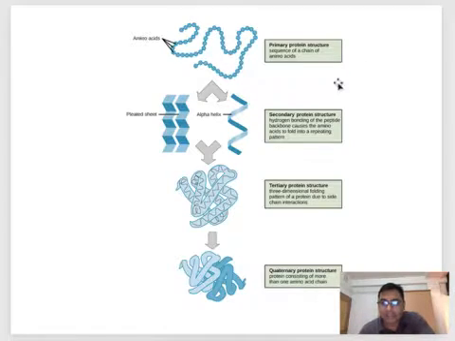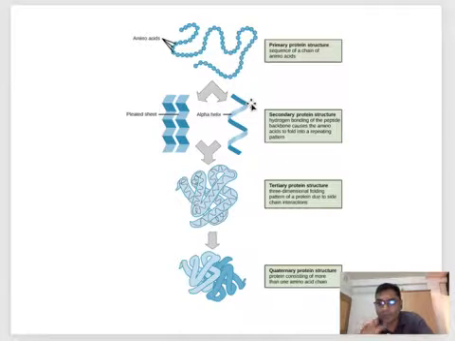Then hydrogen bonding of the peptide backbone of the primary structure happens, and it causes the secondary structure of the protein. Due to the formation of hydrogen bonds within the primary structures and between some parallel primary structures, there are changes in the shape of the primary structures.